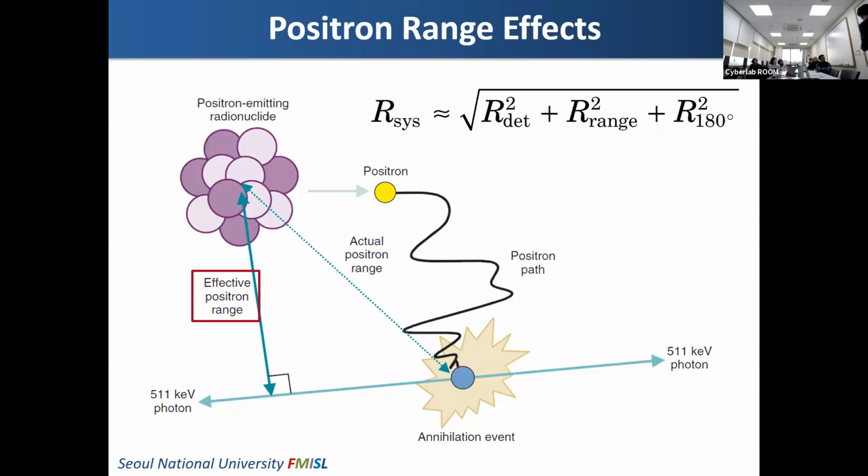For example, you can detect this kind of line, but you will lose this other kind of line. So if you want to capture this event, you should have a longer scanner, right? So with longer axial length, we are going to have better sensitivity.